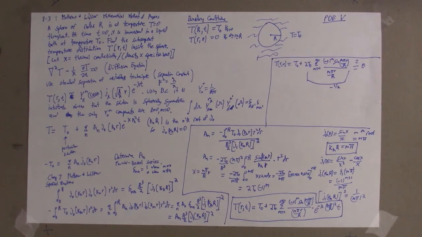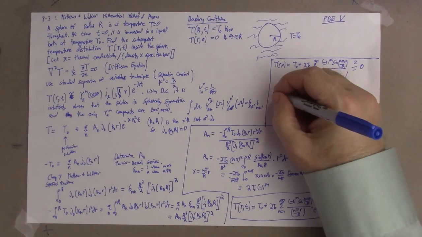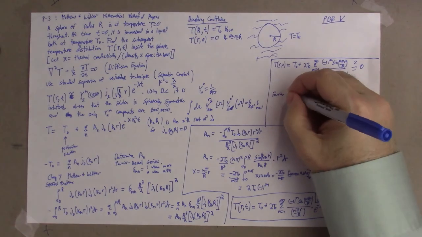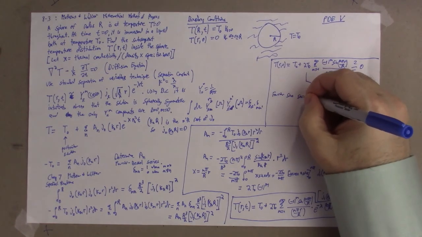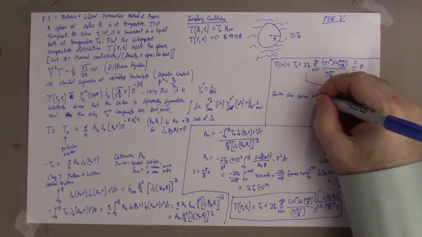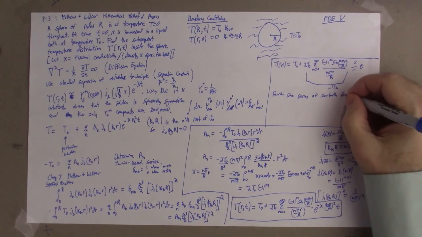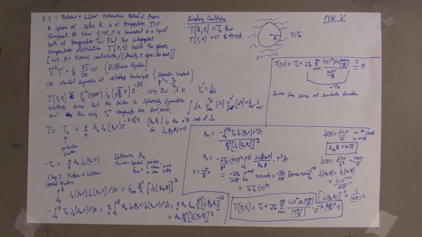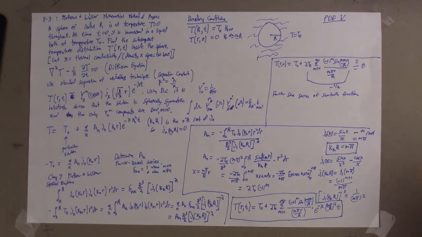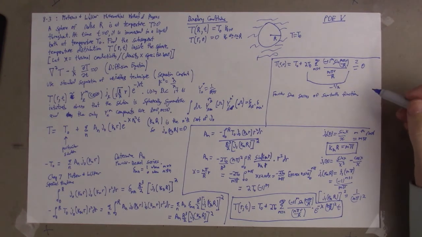It's not obvious that this is minus 1/2, but if you take the Fourier sine series of a sawtooth wave, you can prove it. I'm not going to do that for you here, but you should be able to show this using the Fourier sine series.